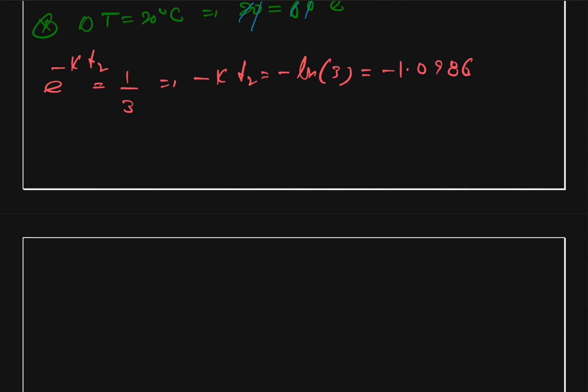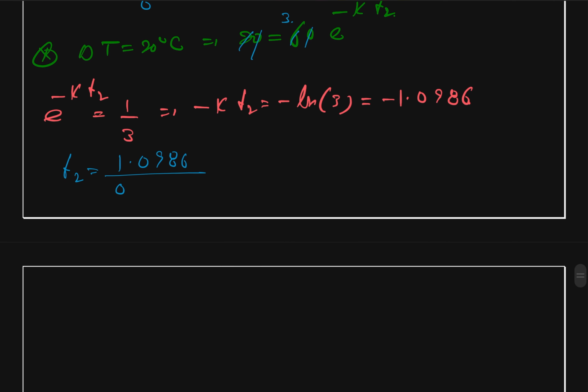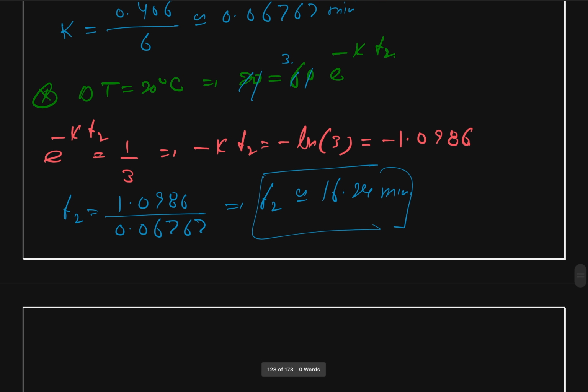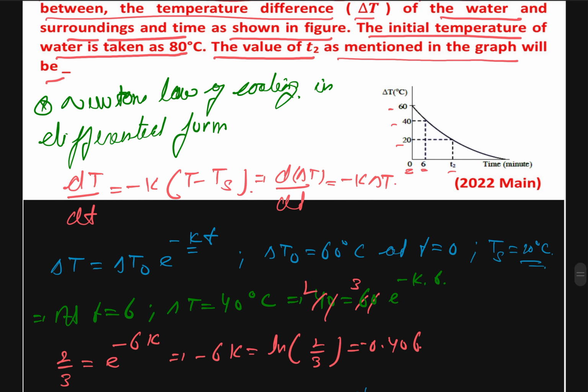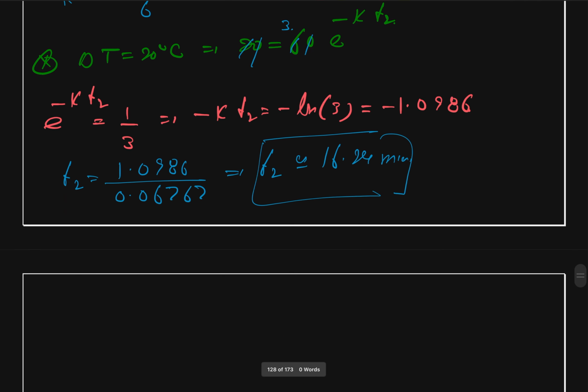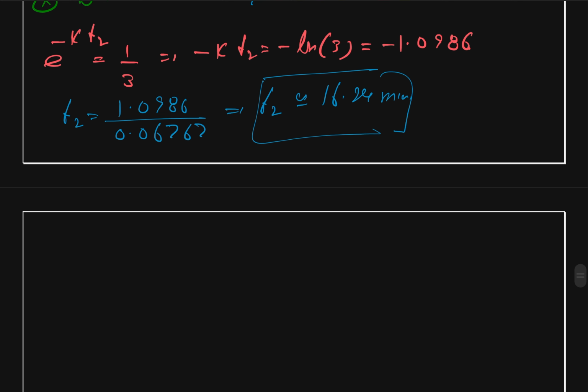Therefore we get our T2 is equal to 1.0986 divided by k, that is 0.06767, which gives our T2 approximately equal to 16.24 minutes. Okay, so the answer is not given to us. This comes as 16.24 minutes.